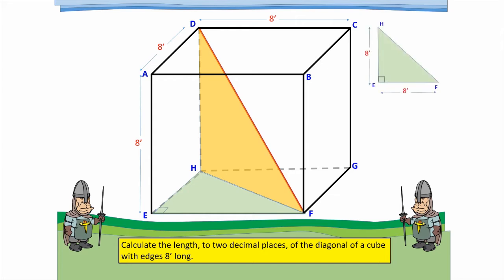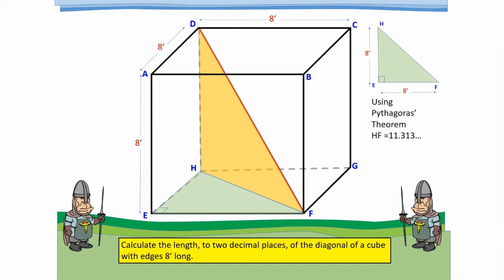So let me sketch it out there. Now we know that that has got two shorter sides, each of length 8 feet, so we can use Pythagoras' theorem to work out HF.